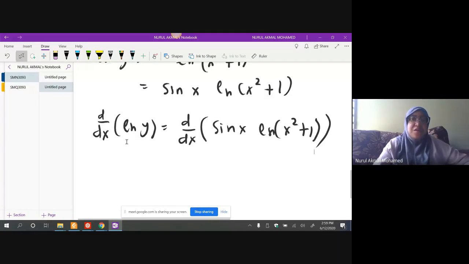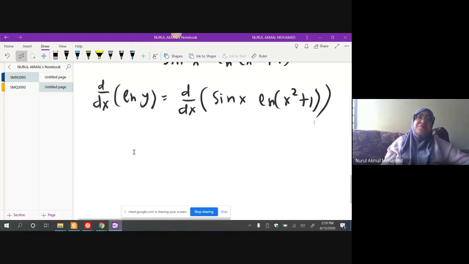You differentiate ln y in terms of x, it gives you 1 over y, and then you write dy/dx.